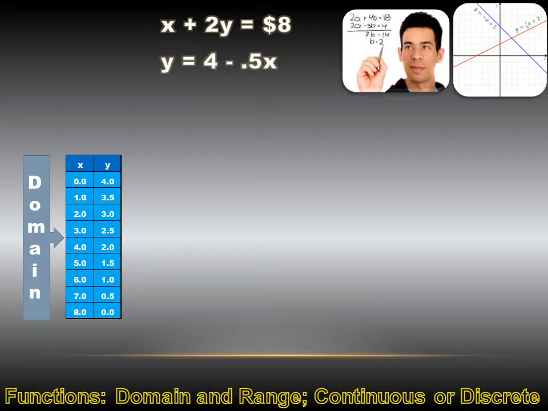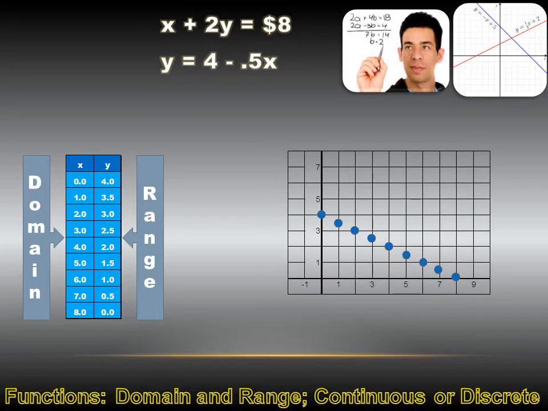We've chosen a series of x values, 0 through 8. We put those values into the function, and the function spit out our y values. And those are our range. Our domain are the x values that we put into the equation. Our range is the y values that came out of the equation.